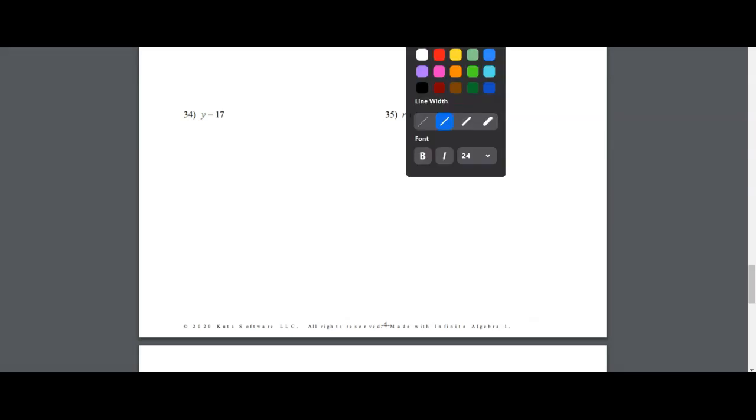We could use sum. We could use added to. We could say plus. We could say total. We could say increase by. We could say more than. So it's really up to you to choose. I personally like the word sum. That's a word that I use a lot when I'm talking about addition.